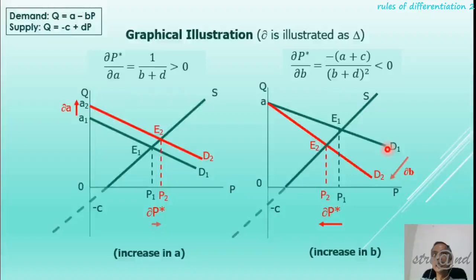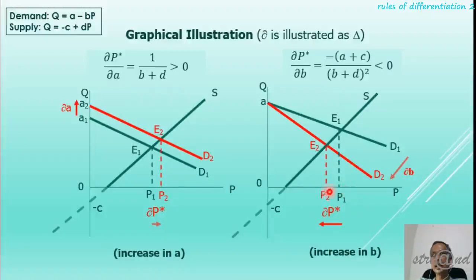B increases means the curve becomes steeper, so it moves from D1 to D2. It rotates actually, from D1 to D2. And then the equilibrium point moves from E1 to E2 here, and the price moves from P1 to P2.